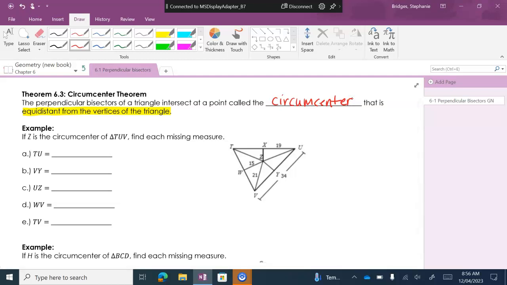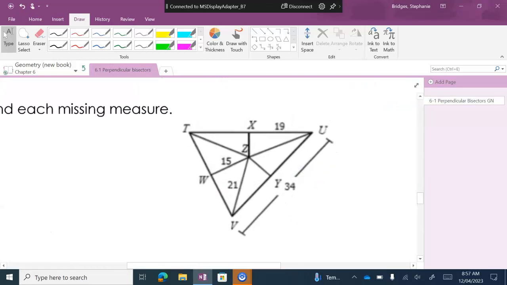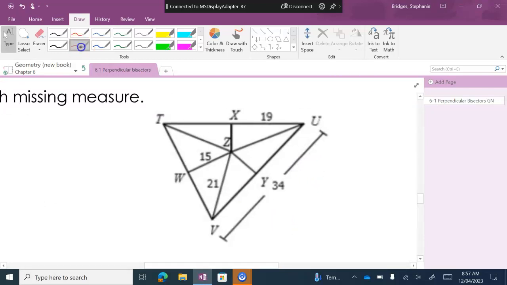So let's look at our picture for just a second. Then we'll go back and start answering questions. My perpendicular bisectors are going to hit the middle of the sides of a triangle. So my perpendicular bisectors in this picture, even though it's not marked, would be XZ, WZ, and ZY.